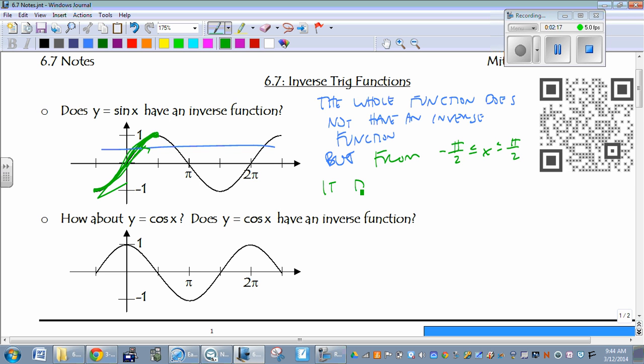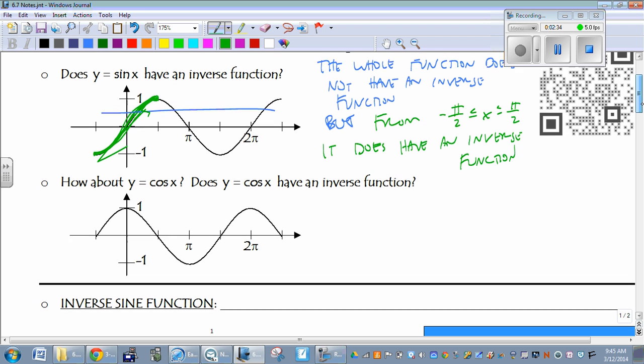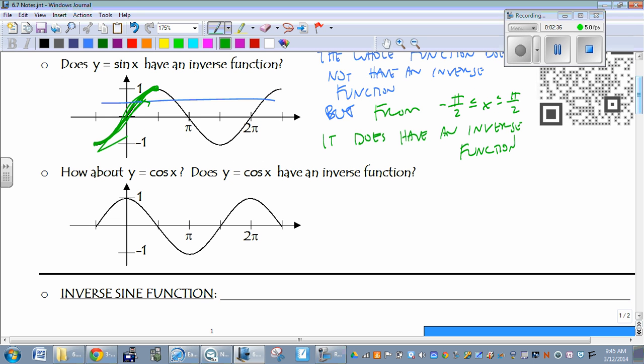It does have an inverse function, and we'll define that inverse function in a little bit. So we're just looking at part of it to get around that.